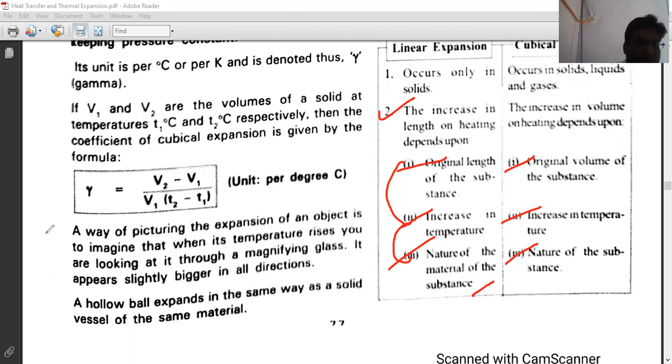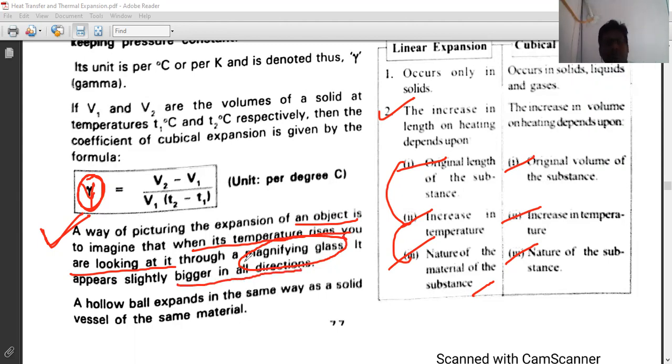Now let us see some points for the coefficient of cubical expansion. So gamma is basically called the coefficient of cubical expansion. A way of picturing the expansion of an object is to imagine, when temperature rises, looking at it through a magnifying glass. Okay? It will appear slightly bigger in all directions. So by using a magnifying glass, you can see the increase in the volume of the object.